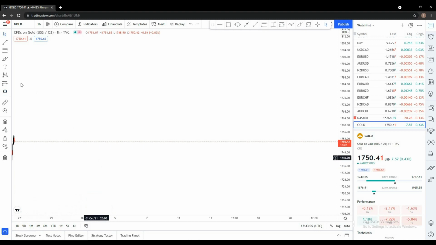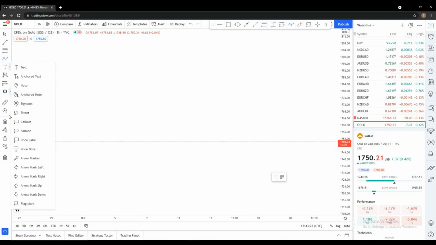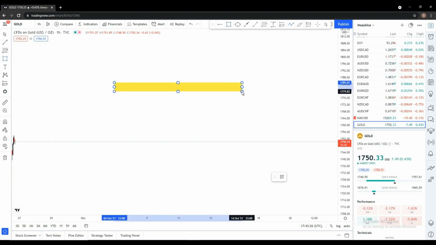Okay, so let's go back to basic market structure, because remember, we don't follow the trend, but we follow the market structure. The market structure is very important. So in this scenario, we're going to use a supply zone as an example. Right here, this is going to be our supply zone.